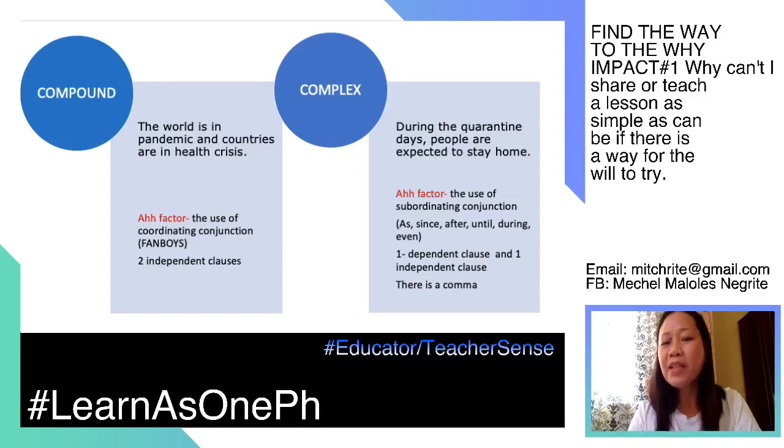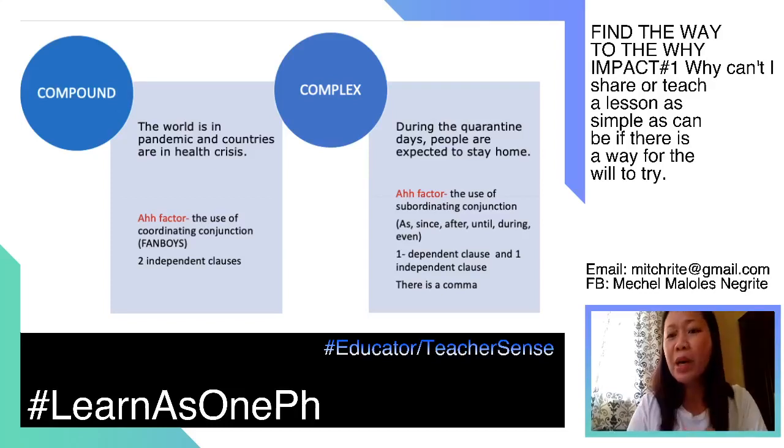Pag dependent clause, kabaligtaran. So, it cannot stand alone, hindi kumpleto yung thought niya. At bitin kung babasahin mo siya. Just like that, during the quarantine days. Pag tinanggal mo siya sa sentence na yan at inihiwalay mo siya, gawin mo siyang simple sentence, hindi mo siya pwede magawang simple sentence kasi bitin, kasi kulang. So that is the dependent clause.